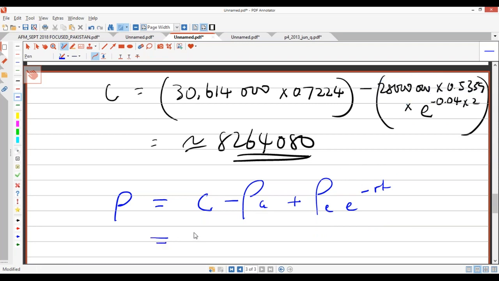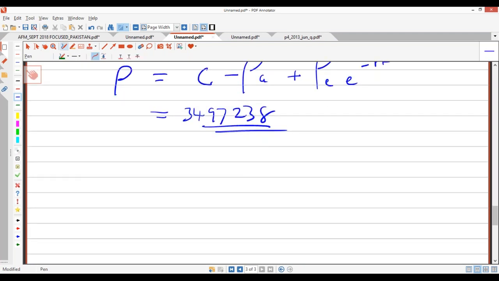All right. So this is going to be, well, I think you can put in all the figures there. This will be equal to 34.97,238. So overall for the project, overall NPV will be equal to, this is a put option and option to expand.